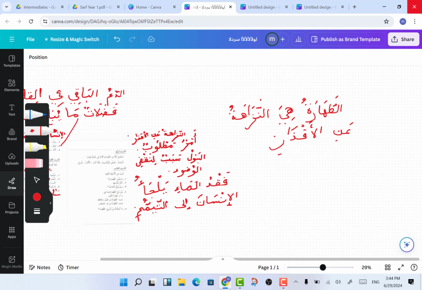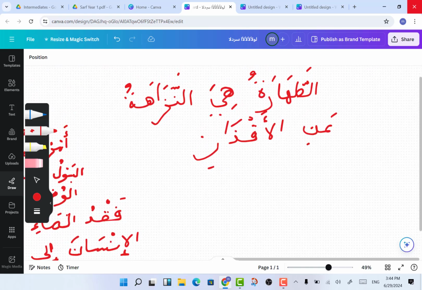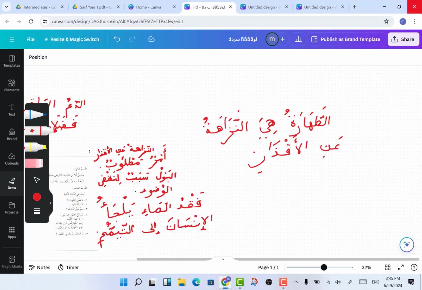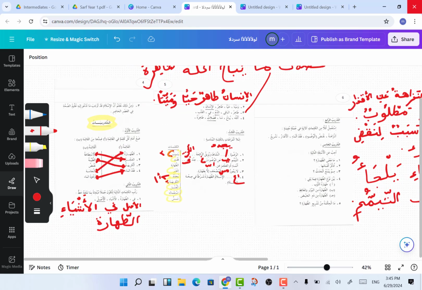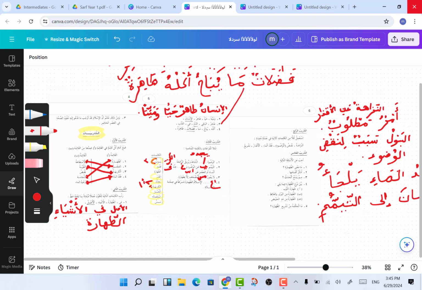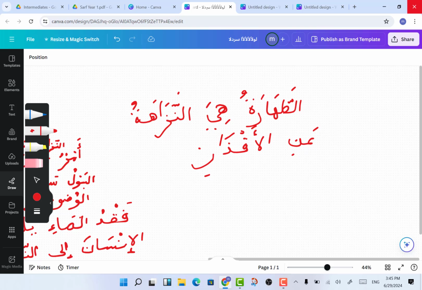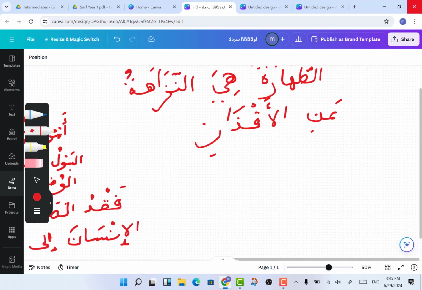So we have used aqdar. And we have tashri. So we have tashri as our last option there. As our last example, what will make us use it in a sentence, tashri.